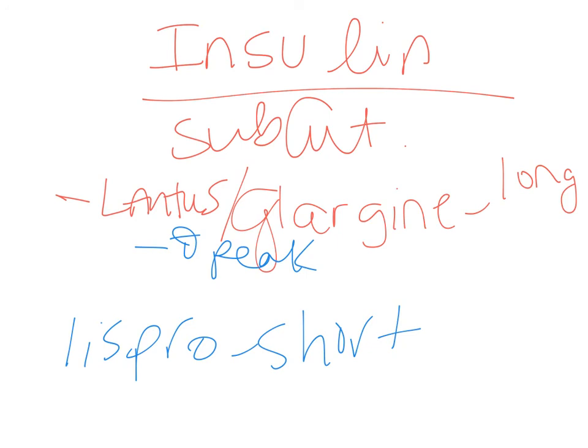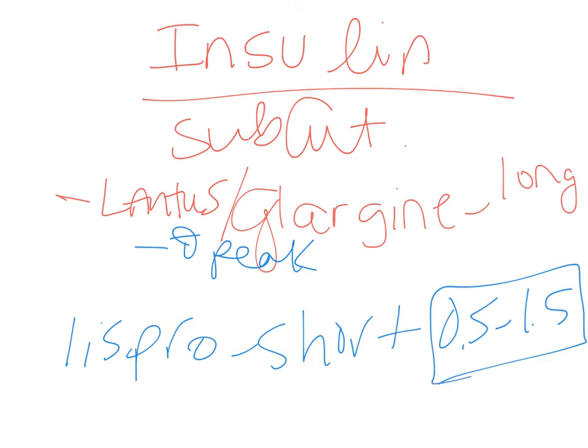Lispro has a peak of 0.5 to 1.5 hours. So basically, that's when it's working at its highest amount. If you gave somebody their insulin, it would peak at about a half hour to an hour after you gave it to them.